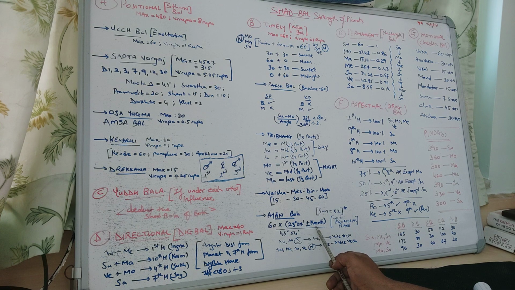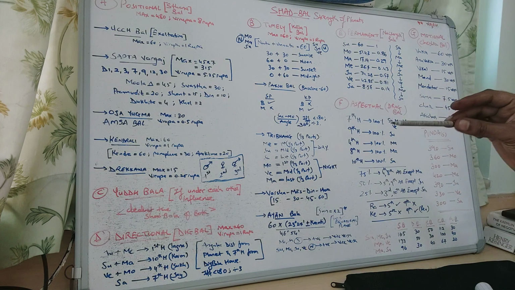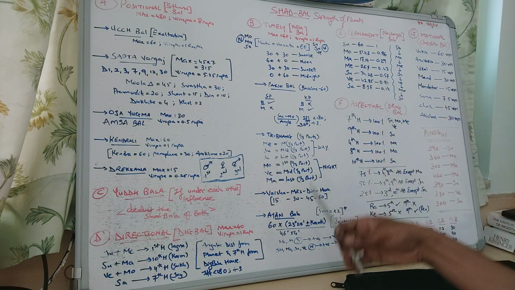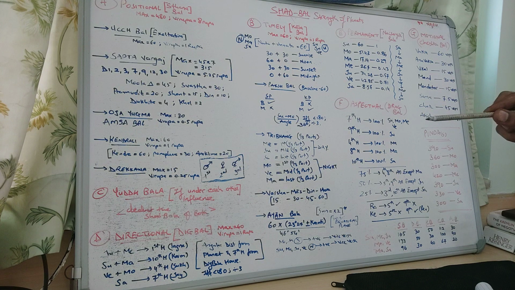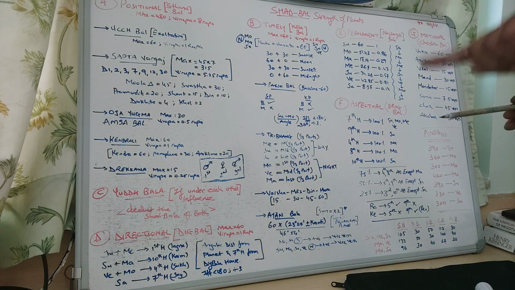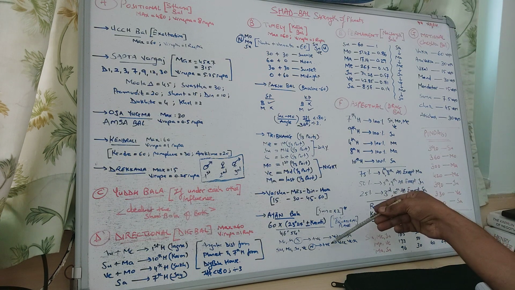Now what we have to see is, if Moon and Saturn are in the southern plane from the equator, that is, if this is the equator and Moon and Saturn are below the equator, you have to consider it positive. Otherwise you have to consider it negative. Similarly, if Sun, Mars, Jupiter, Venus are above the equator, that is in the northern plane, you have to consider it positive.